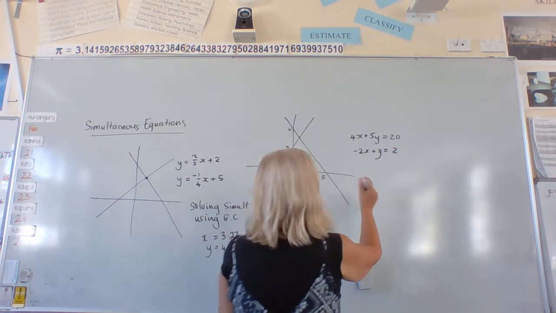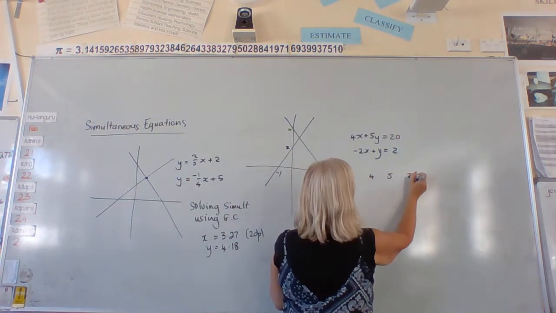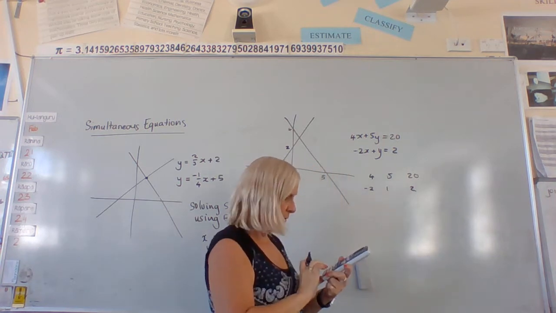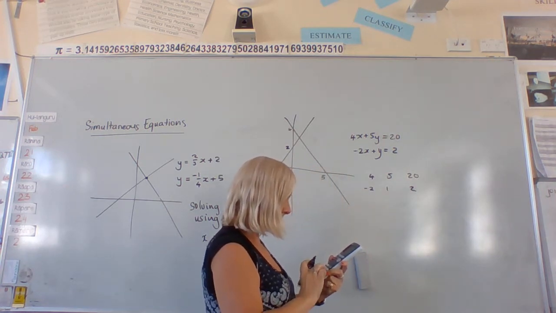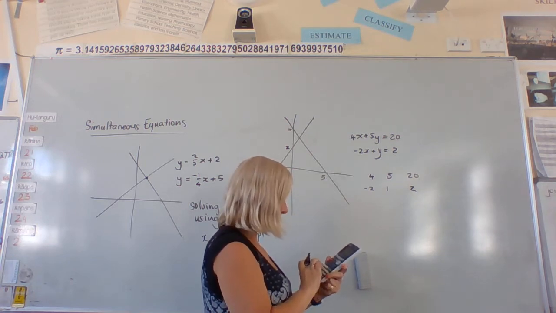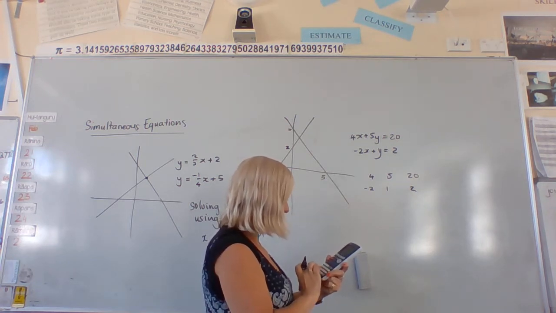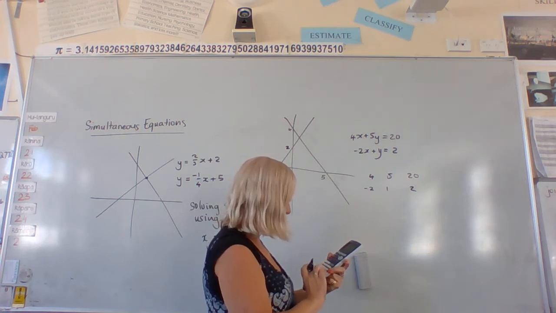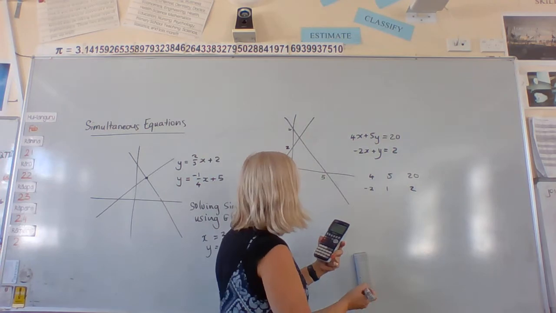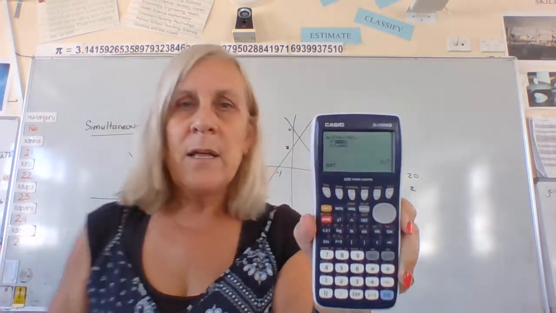So we're going to put in 4, 5, 20, negative 2, 1, 2. So 4, 5, 20, negative 2, 1, and 2. And push that, and we will find out here what the answer is.